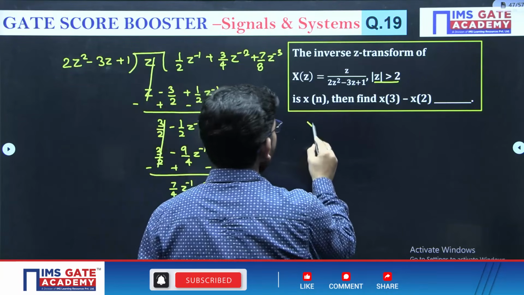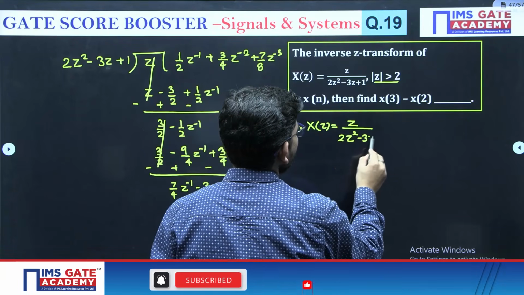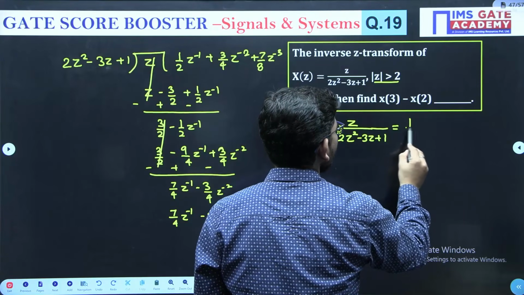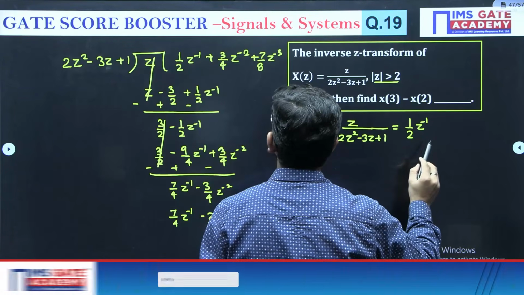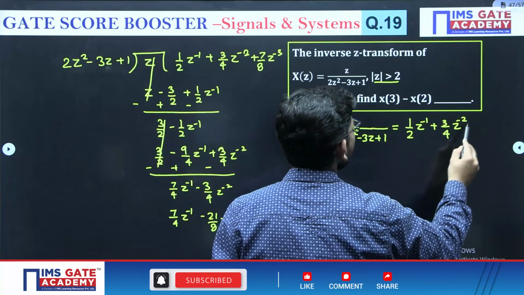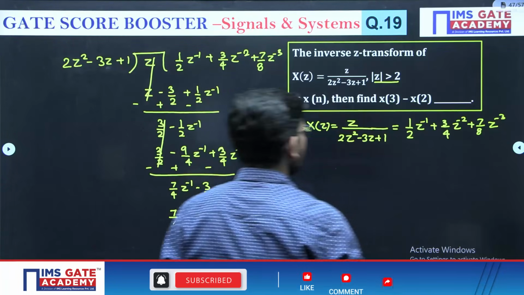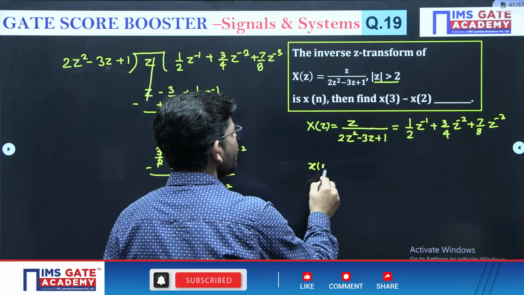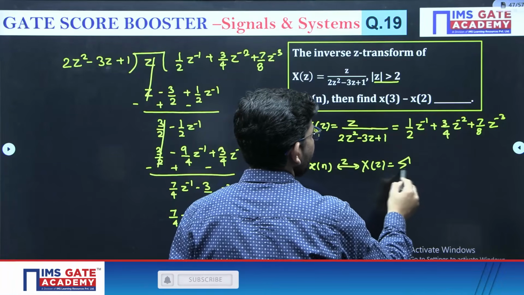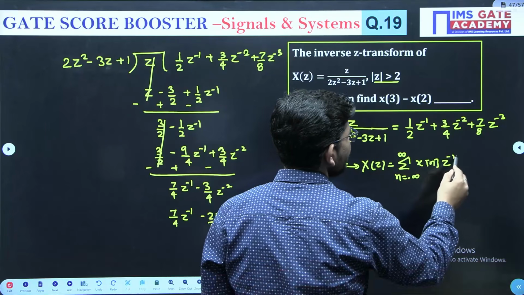Okay. So we had x of z, which is z upon 2z square minus 3z plus 1. So after division, what we are getting is 1 by 2 z to the power minus 1 plus 3 by 4 z to the power minus 2 plus 7 by 8 z to the power minus 3, right? Now I believe that you remember the Z transform formula. So as per the Z transform formula, x of z is summation n equals minus infinity to plus infinity x of n z to the power minus n, right?